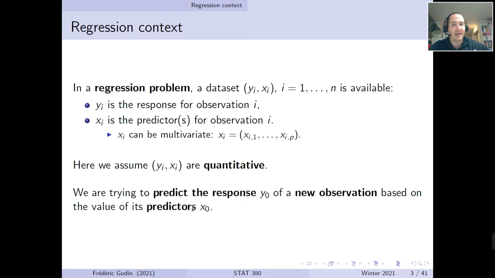So we have a data set of responses and predictors, which we both have, but now let's assume that there's a new observation not in the data for which we know the predictors, and then based on these predictors, we're trying to predict the associated response y0. So this is a regression setting where we are trying to make predictions.